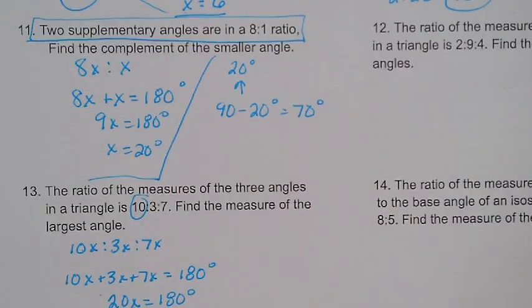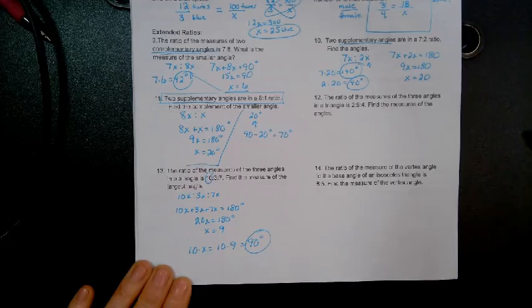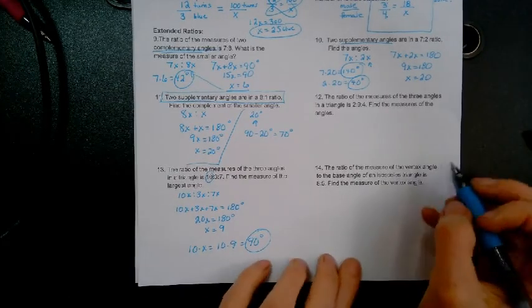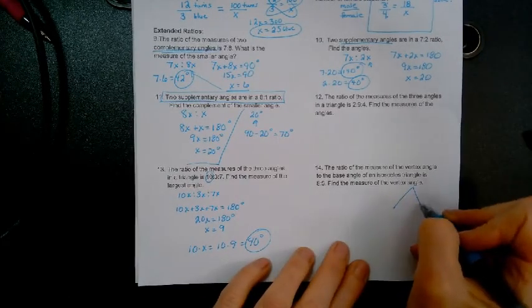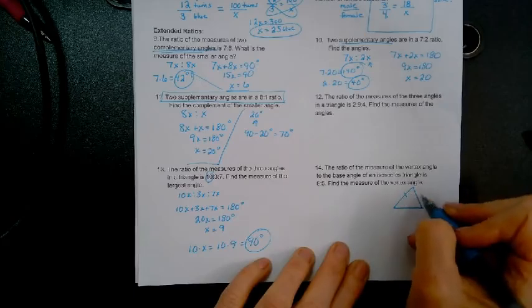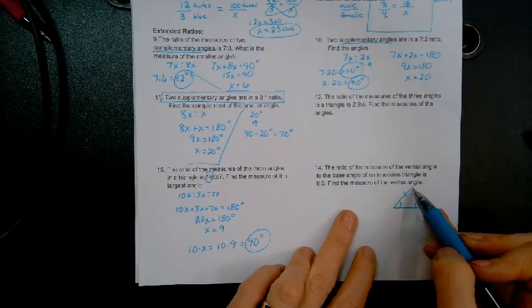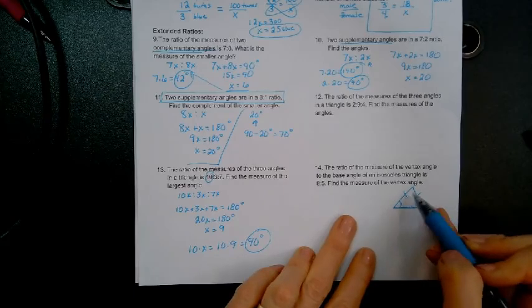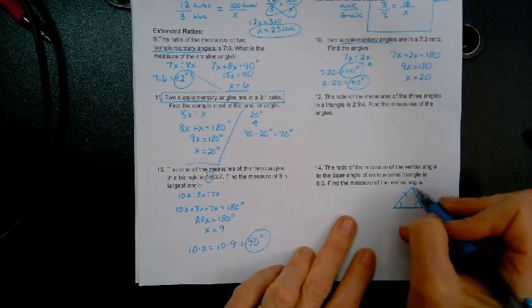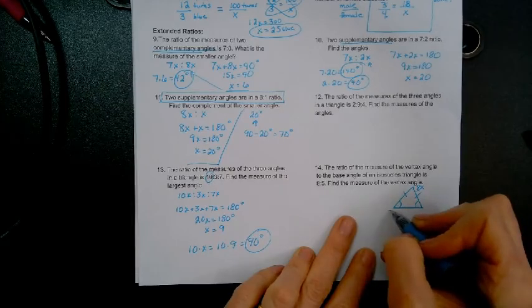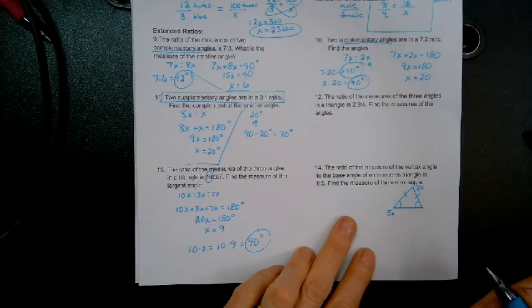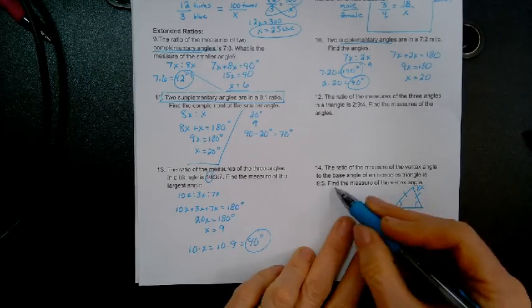Okay, so 14 is just a little bit trickier. The ratio of the measure... okay, so here's an isosceles triangle. And it says the ratio of the vertex angle to the base angle is 8 to 5. So let's call this the vertex angle, 8x. And the base angle is 5x, because the ratio is 8 to 5. Well, we need this third angle.